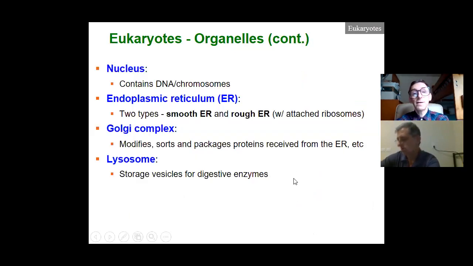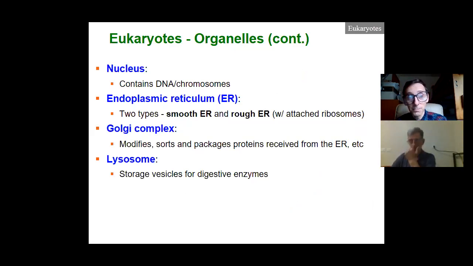The nucleus of a eukaryotic cell contains the DNA and the chromosomes. Its function really is to protect the DNA, as well as separate it from the rest of the cytoplasm, but mainly to protect the DNA. The endoplasmic reticulum, also called ER, its function is to help make and modify proteins, as well as make lipids.